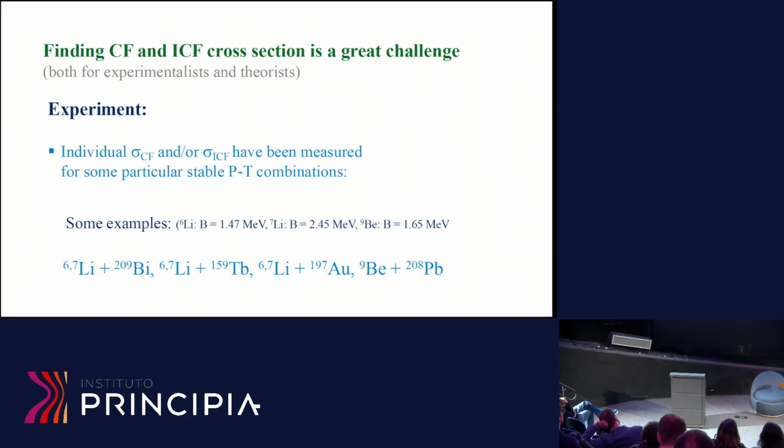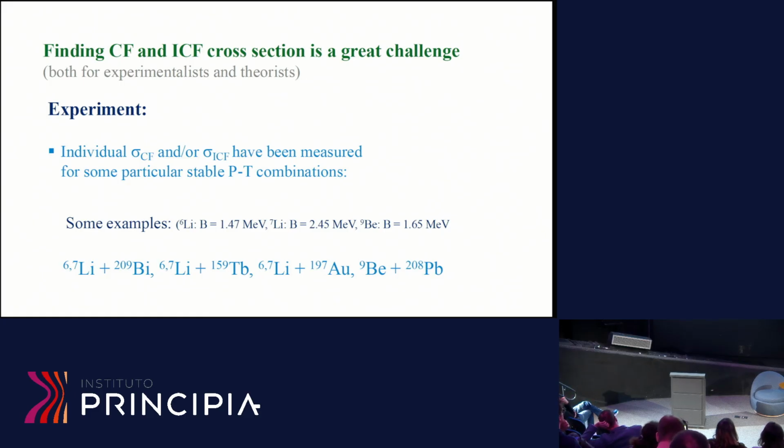However, there are many measurements, mainly for light weakly bound nuclei like lithium-6 and lithium-7 with different targets, okay? Lithium-6 has a very low breakup threshold, it's 1.47, and lithium-7 is more tightly bound, it's 2.45.